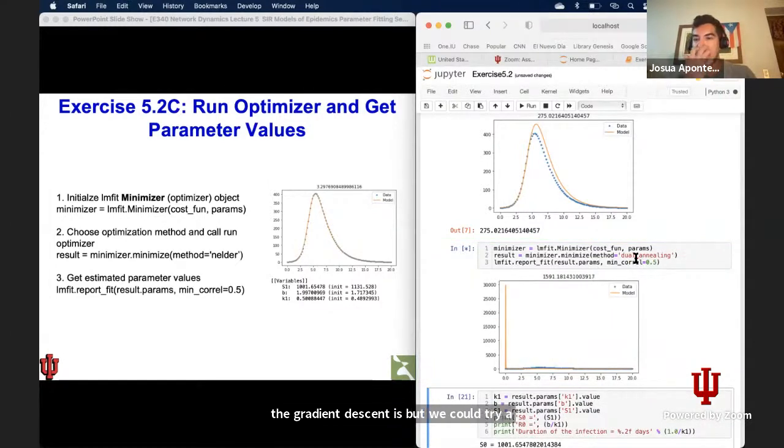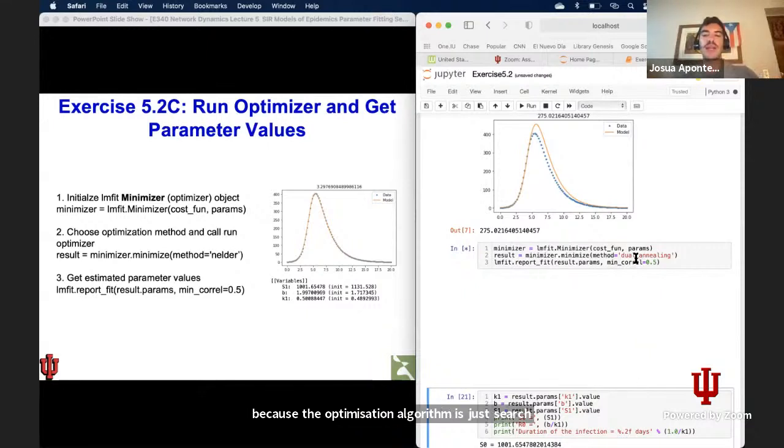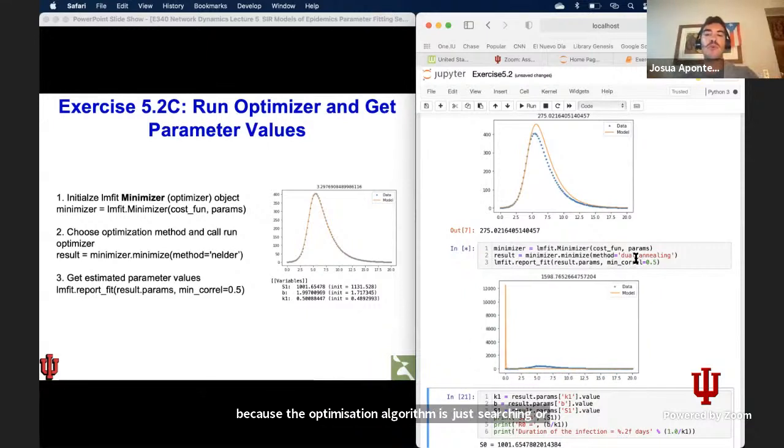And then you can see that with a global method, the optimizer is actually exploring very different regions of the parameter space. That's why the difference between the model prediction and the data is so big, at least at the beginning, because the optimization algorithm is sampling the parameter space more widely.